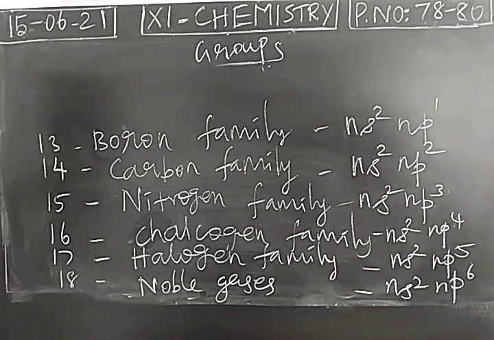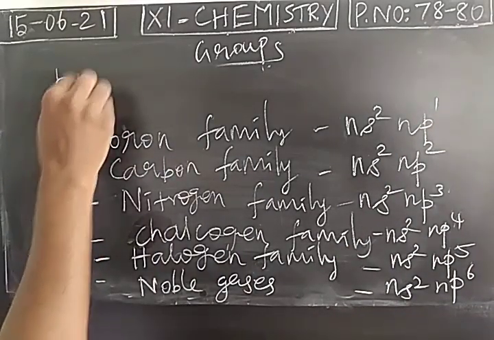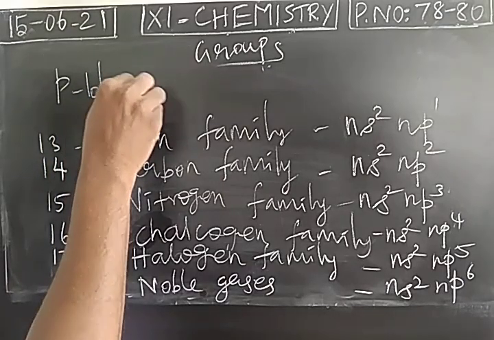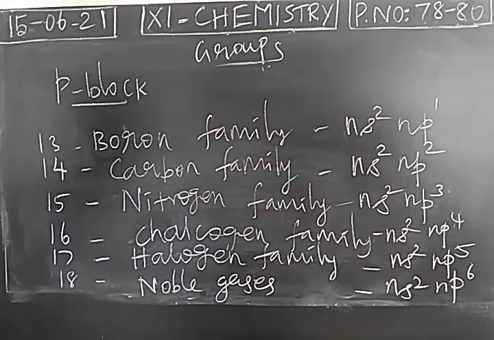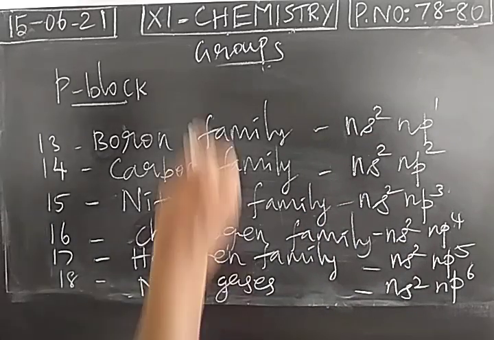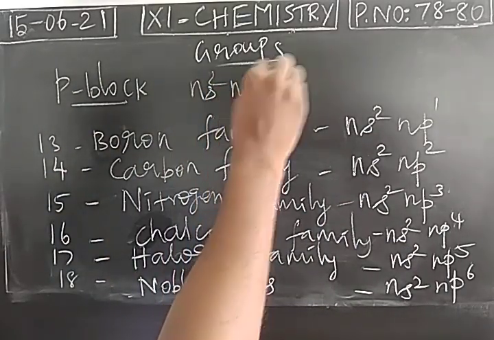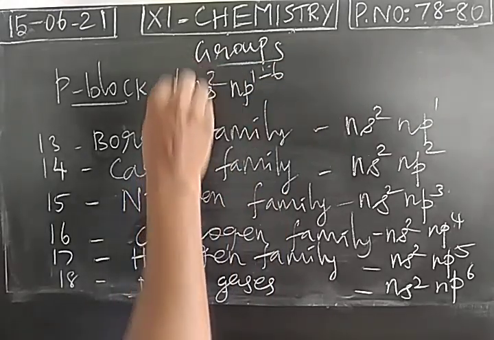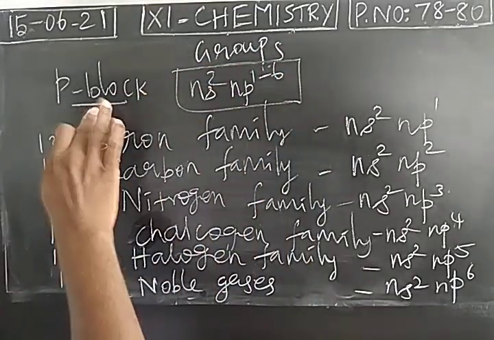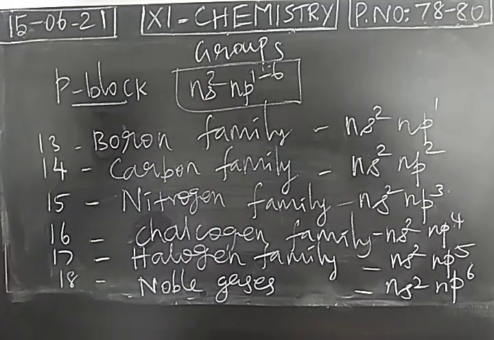So we can say all the 6 groups of elements are p block elements. Because the outermost orbital is p orbital, we can write the electronic configuration ns2 np 1 to 6. For p block, the general outer electronic configuration is ns2 np 1 to 6.